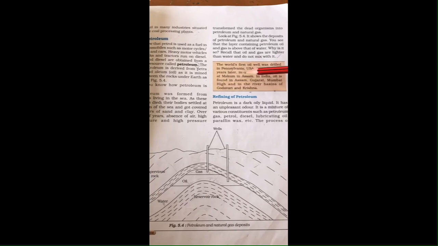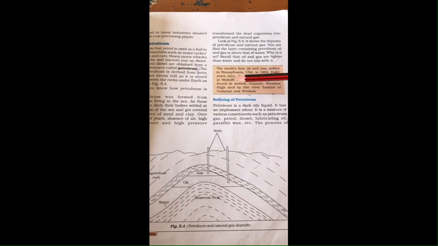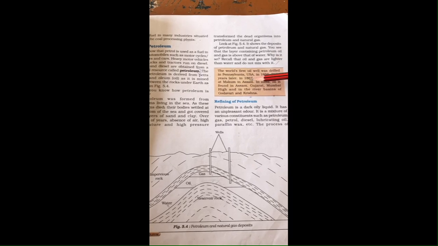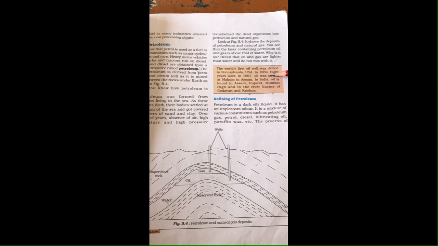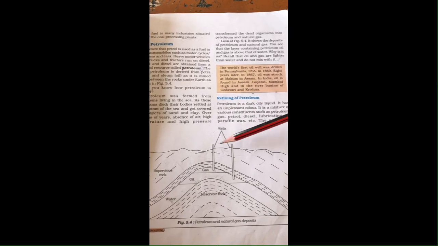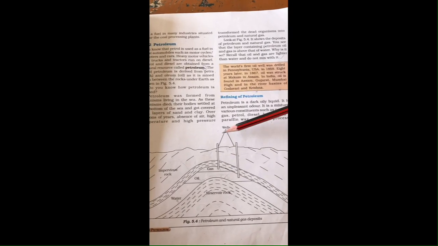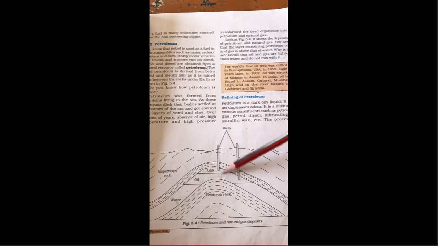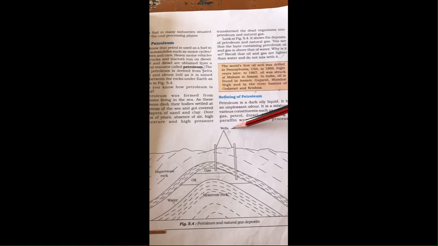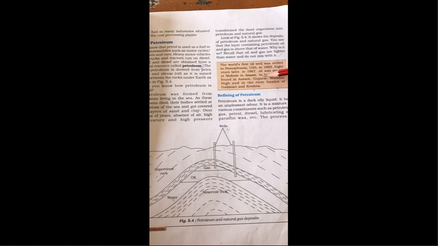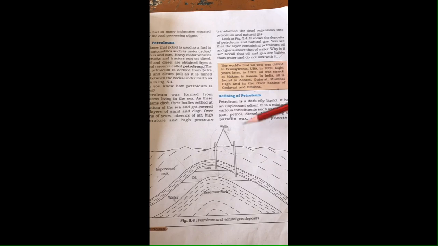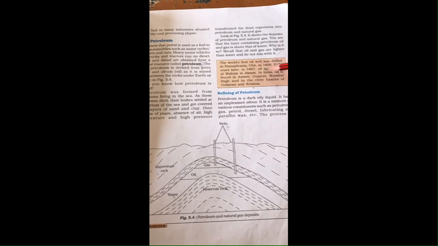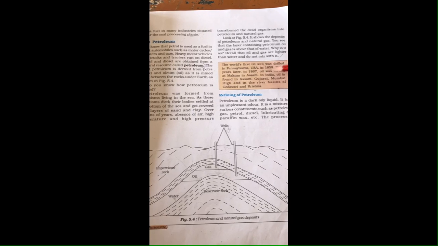The world's first oil well was drilled in Pennsylvania in the United States of America in 1859. Clear? So the first oil well, from where oil was first drilled out, is in Pennsylvania in the United States of America in 1859.